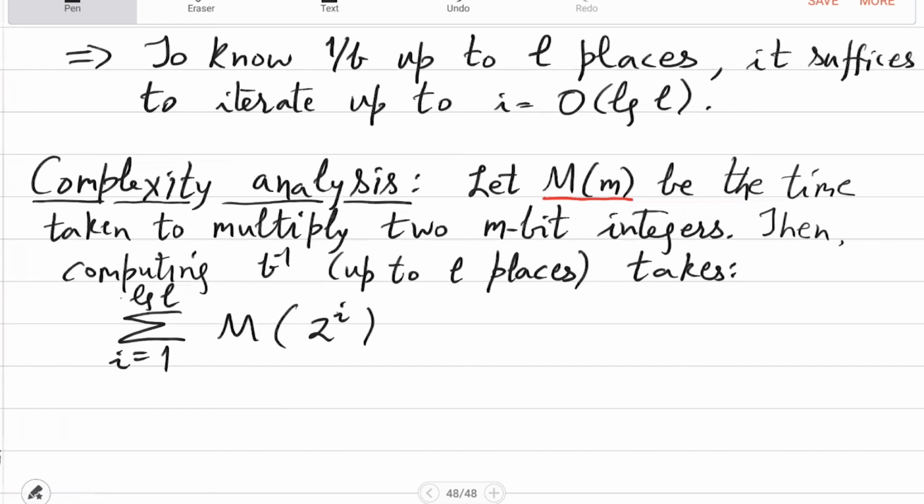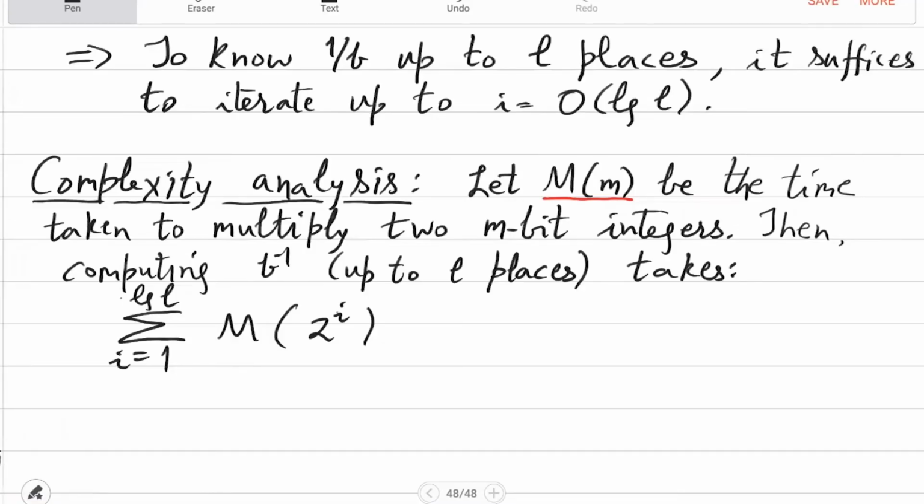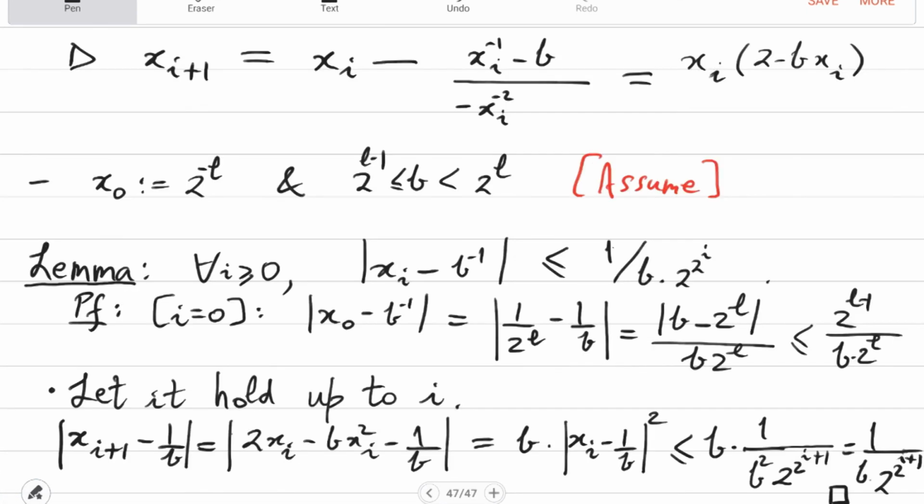Just say m of L. They are at most L bits integers. Both xi and b are at most L bits. Yeah, I can say m of L here, but then you will get m of L times log L. I was planning to get something better than that. Okay, so some simplification is needed here.